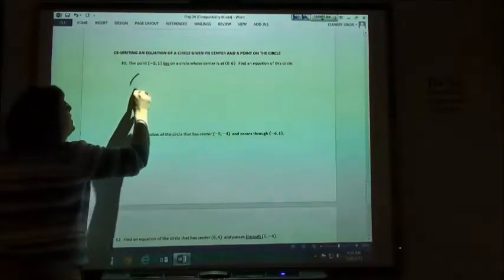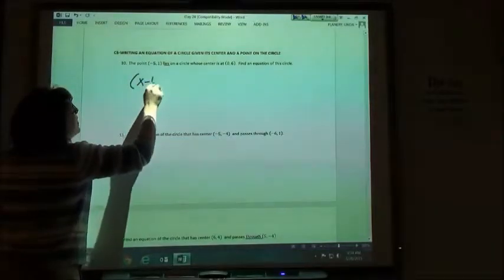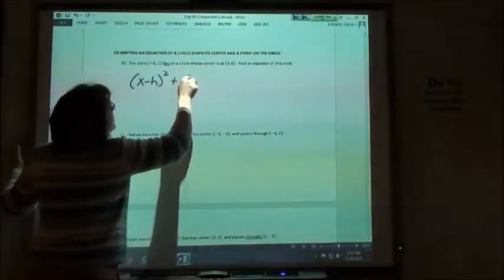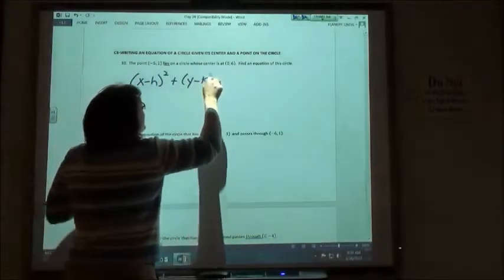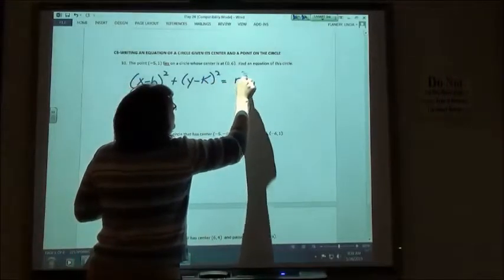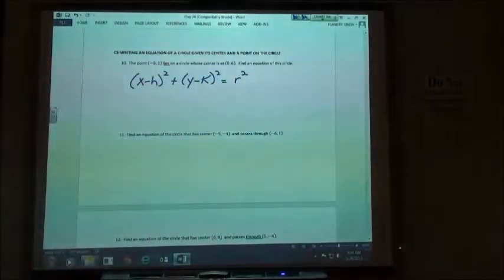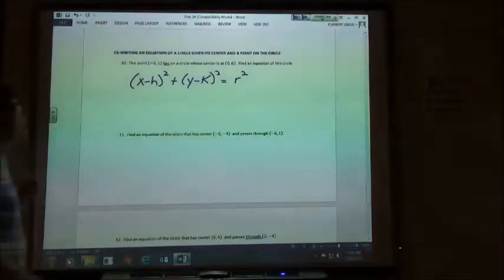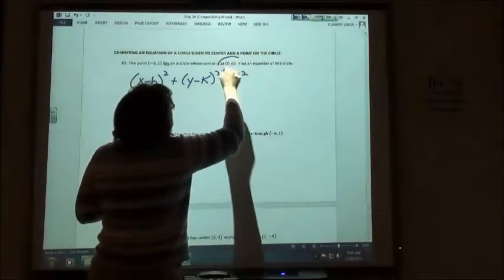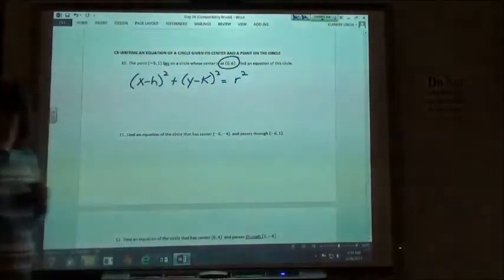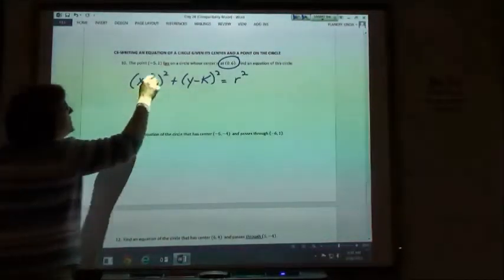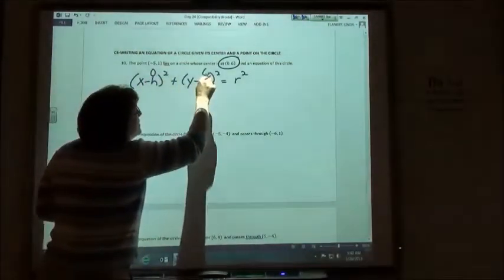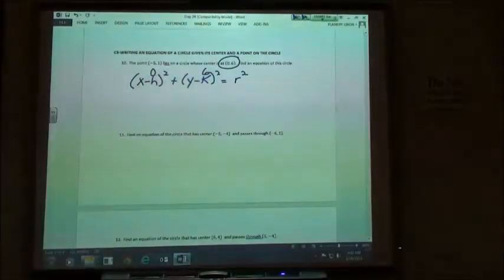So, again, my standard form is (x minus h) squared plus (y minus k) squared equals the radius squared, right? If this is my center, (0, 6), that means this number here is 0 and this number here is 6, the h and the k.